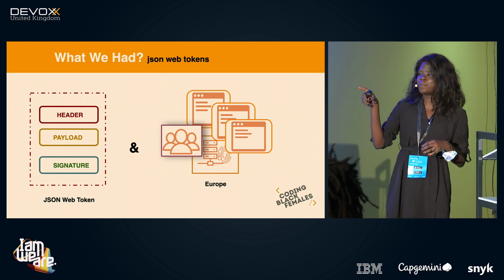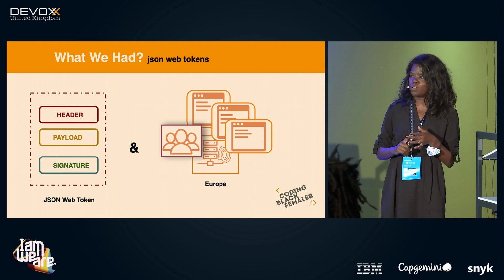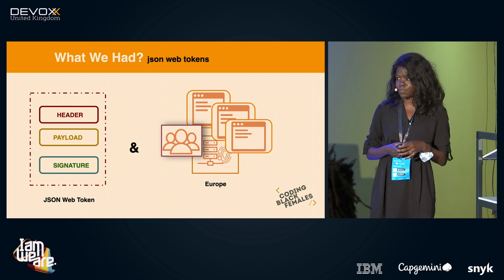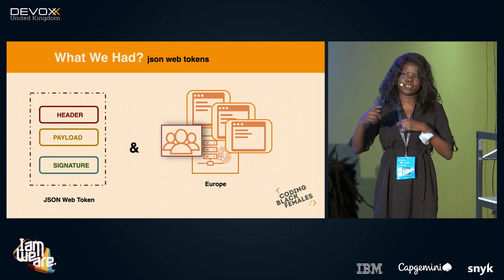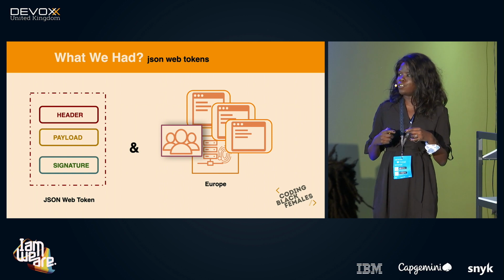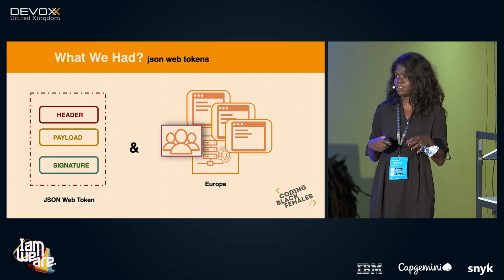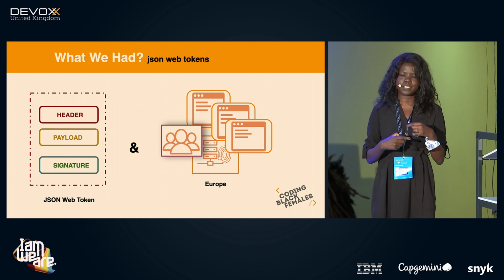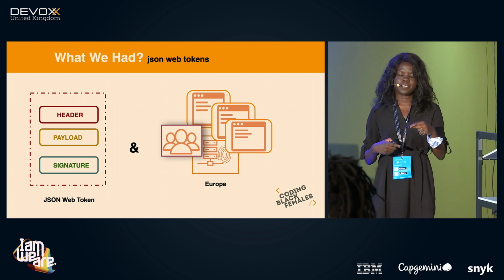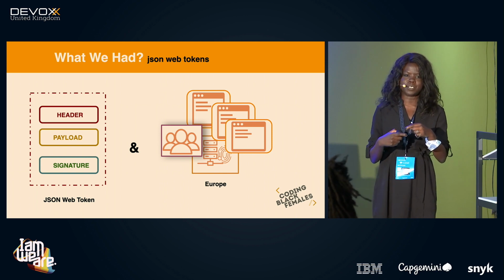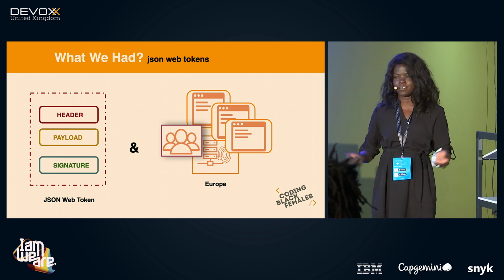And then you'd get the payload, and that information would contain the rights, roles, and a series of user information. That basically meant processes were a bit faster because that again was sent with the header of any request that was sent. And so once someone logs in, they get their JWT, make a request, the application will decrypt the JWT, have access to the information, and everything goes as planned.